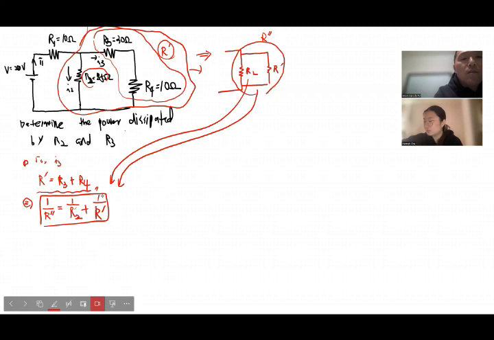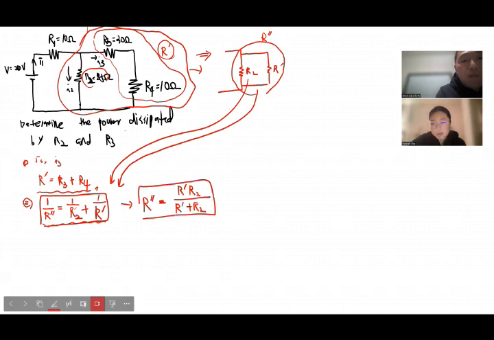So from that, you can easily derive the formula of R double prime in terms of R prime and R2, which is R prime times R2 over R prime plus R2.